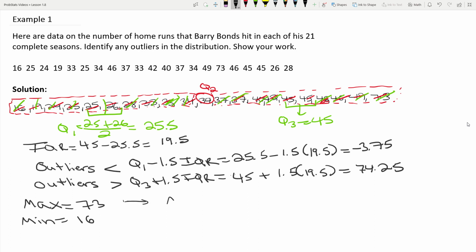So no outliers here. Again, it's important to actually calculate this and go through the motions, because 73 would have probably been identified as an outlier had we not calculated this. So we want to make sure that when we're identifying outliers, they truly are, mathematically speaking, outliers.